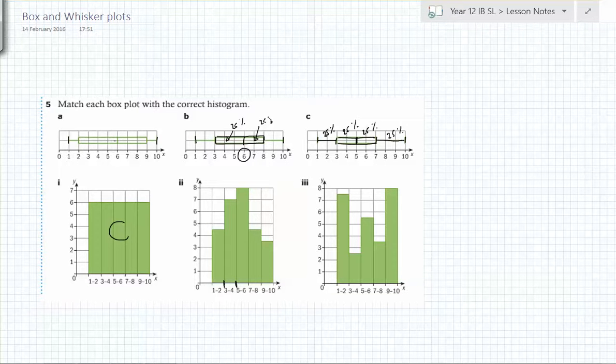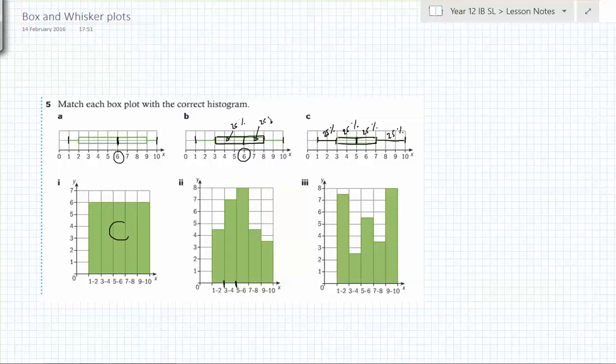Because this one, look, the median is also 6. So you're saying that B goes with this one because the median is to the right hand side, but so is this one. Well, on B, the box doesn't stretch across the two.